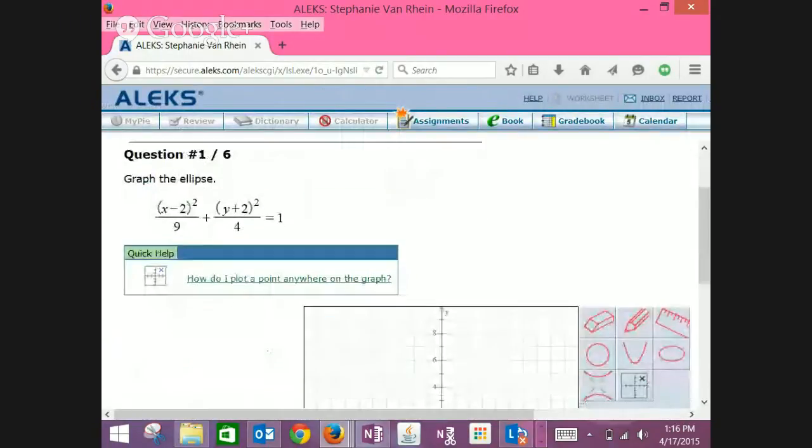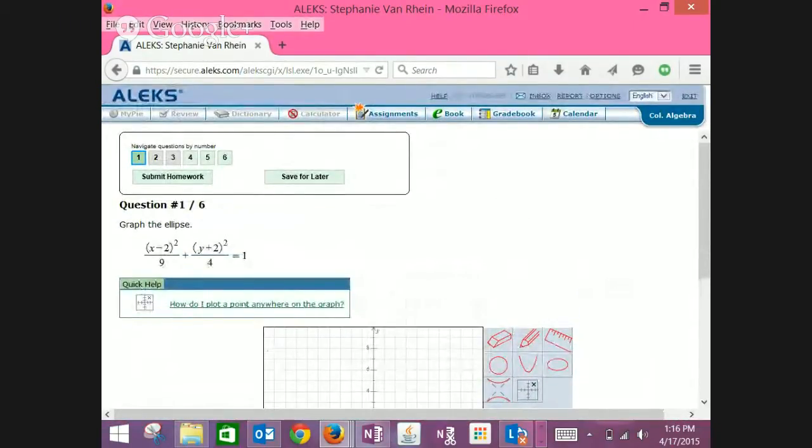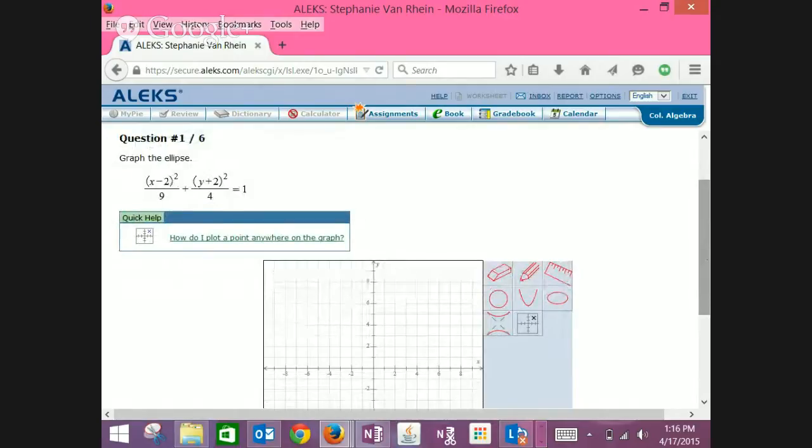Here's the example of how they are presented to you in Alex. It says graph, and it gives you the equation. Eventually, we're going to do other types of equations, and you're going to have to be able to identify this is an ellipse, or this is a hyperbola, or this is a parabola. So you're going to have to know the difference. But right now, this is the only type we know, right? Looking at this equation, what is my major axis? X, right? So my center is going to be 2, minus 2.